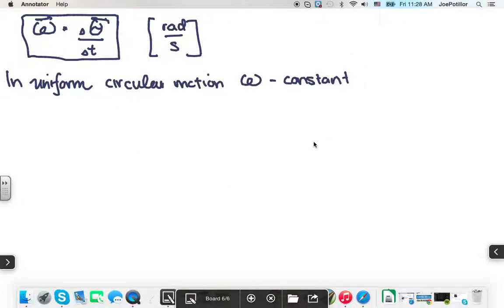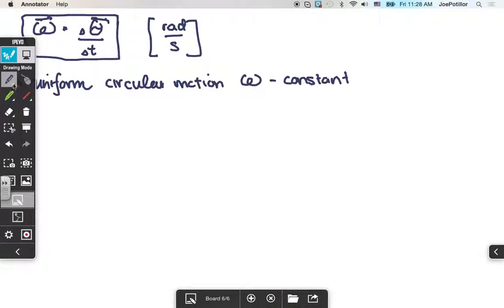Don't worry, I'm almost done yapping. So let's figure out how to calculate an angular velocity.